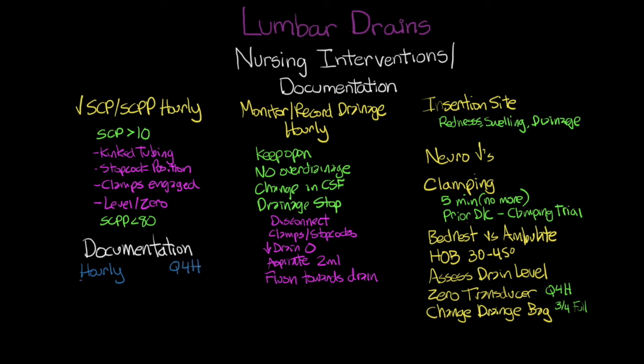So the things that we need to do hourly, these are going to be getting your spinal cord pressure and your spinal cord perfusion pressure. You need to be documenting vitals at least hourly. You need to get the color and the clarity of your CSF fluid, the amount of drainage, and depending on the frequency that you're doing your neurochecks, you're either going to do these hourly or every 4 hours.